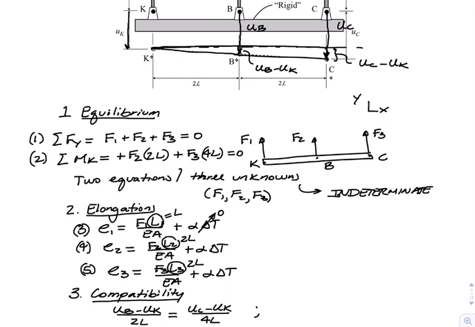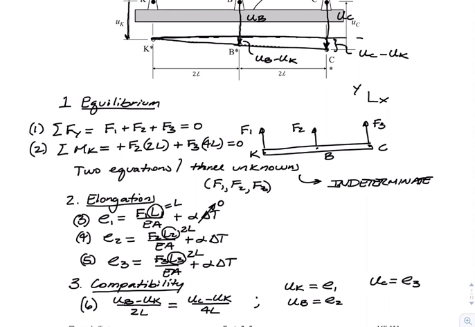Along with the fact that UK is the same thing as the elongation of 1, UB is the elongation of member 2, and UC is the elongation of member 3. So we have introduced no more unknowns, but we've also introduced an additional equation.